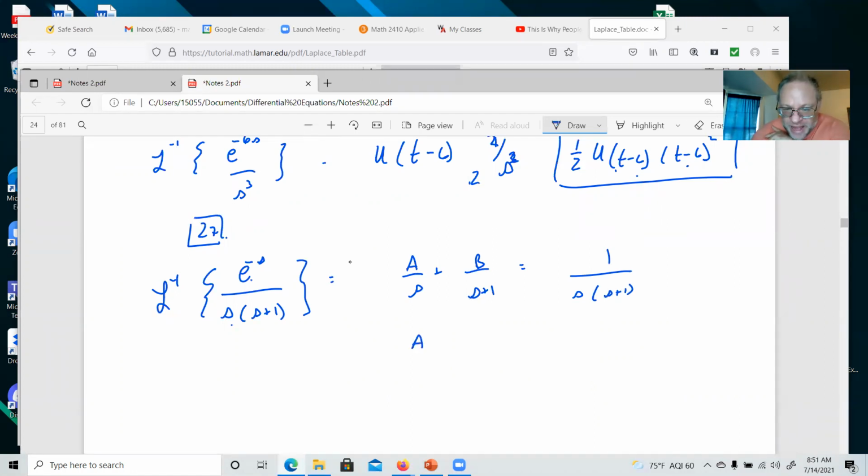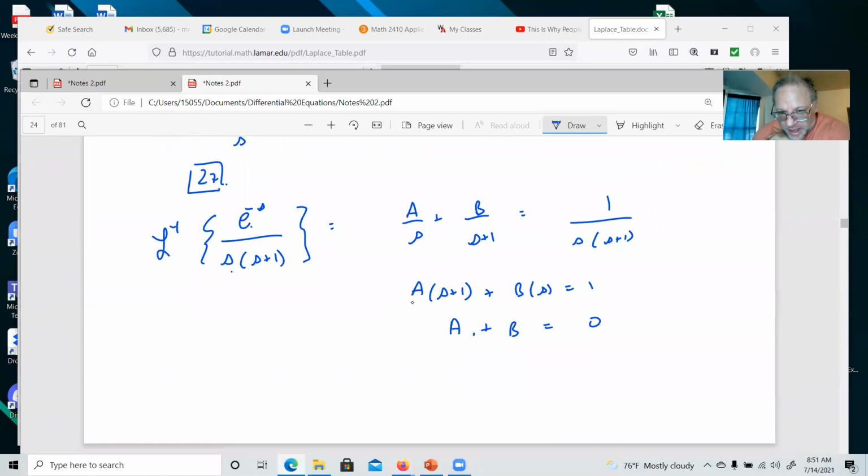So we're going to have a times s plus 1 plus b times s is equal to 1. So we have a plus b is equal to 0. That's my s part there. And then we have a equals 1. Well, if a equals 1, that's my constant term, then a plus b, I think b has got to be negative 1.